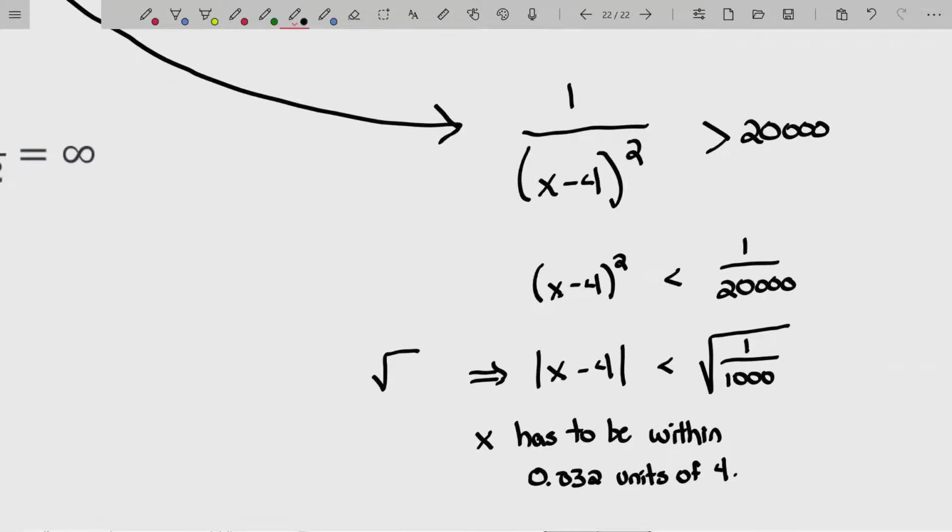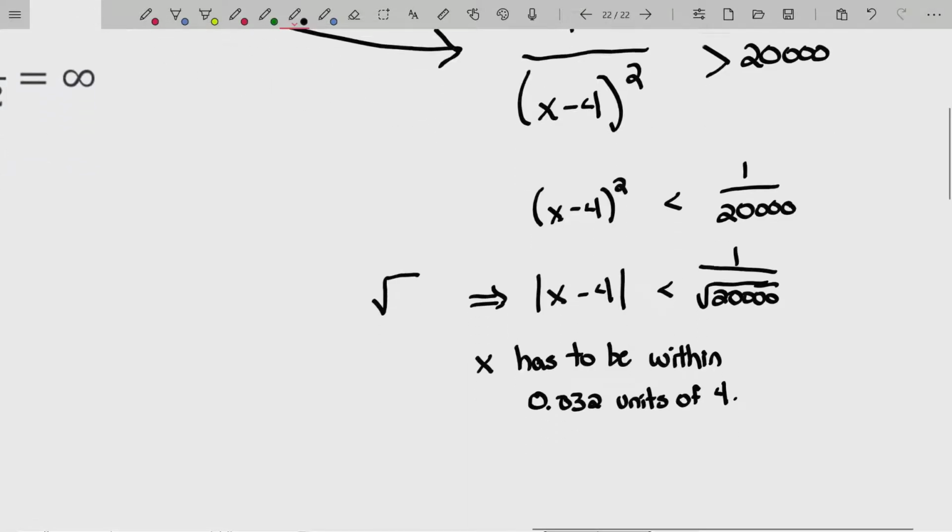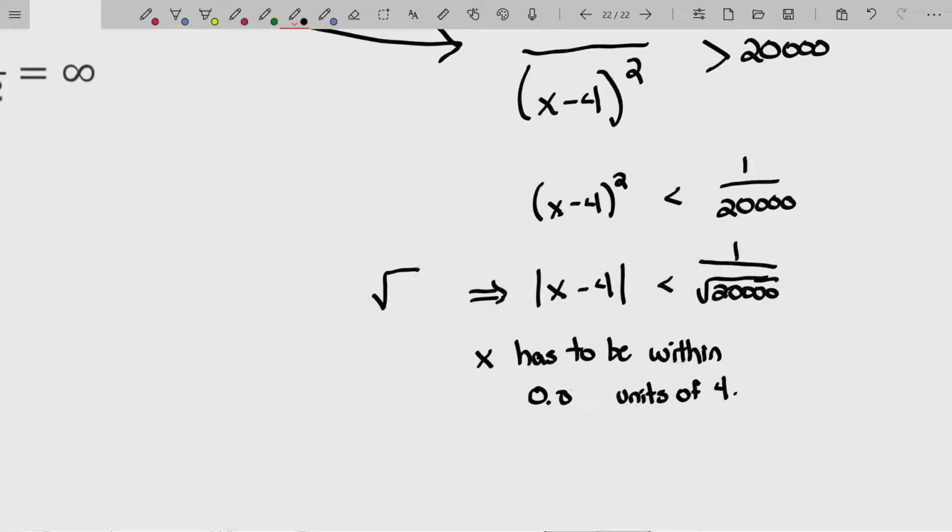And that would mean I want to take the square root of both sides, so the absolute value of x minus 4 is less than 1 over the square root of 20,000. Because I know I'm going to be grabbing a calculator, I'll leave it in that form. Typing this into a calculator, x has to be within 0.00707 units of 4, rounding to the same number of significant figures.